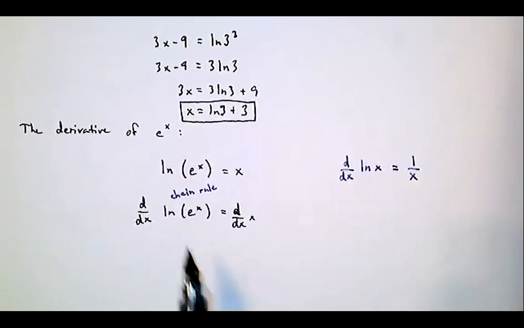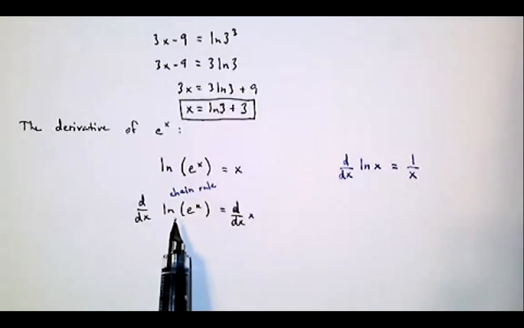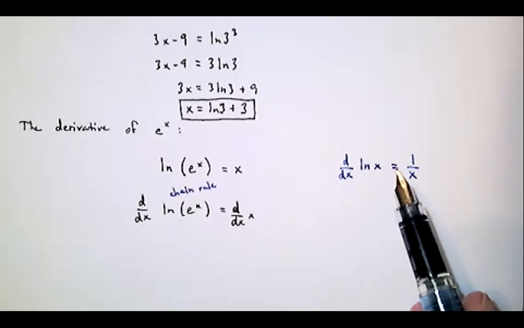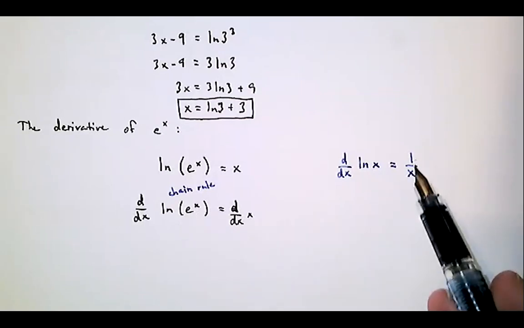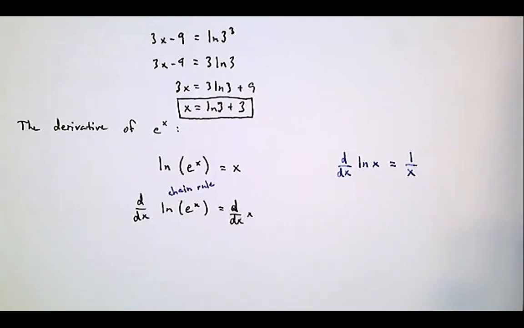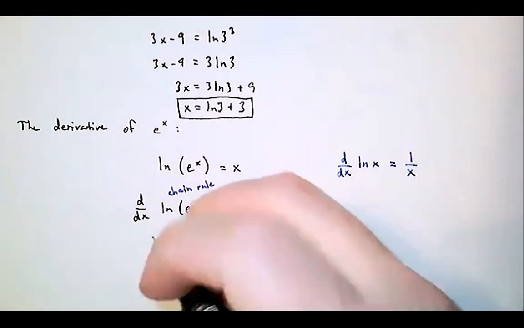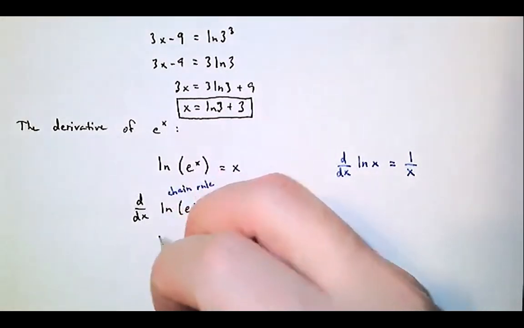Good. So the natural log is the outer function here. So we need this derivative, the 1 over x, but we're going to have the function e to the x plugged in. So it's actually going to be 1 over e to the x for the outer derivative.